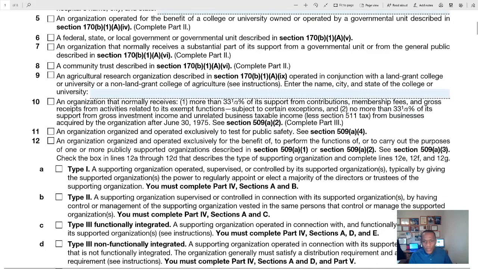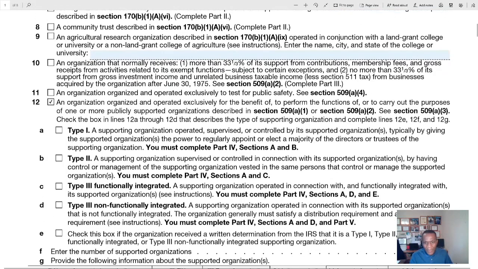Okay, so special attention here on Section 12. If you are an organization organized and operated exclusively to perform a function or carry out the purposes of one or more publicly supported organizations described in Section 509(a)(1), 509(a)(2), or Section 509(a)(3), one of these types must apply to you.